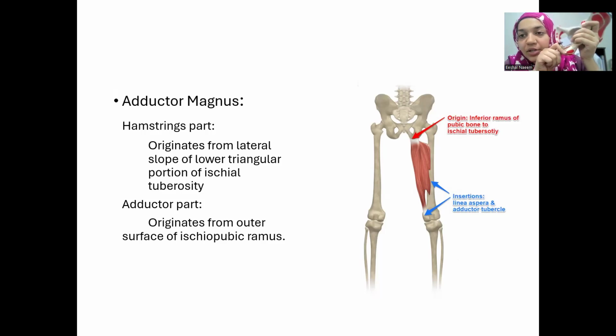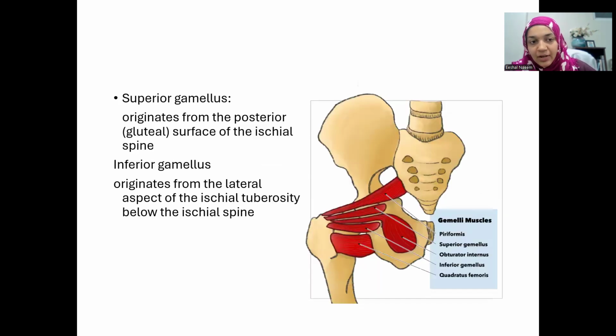And the hamstring part originates from the lateral slope of the triangular portion of the ischial tuberosity. So this is the ischial tuberosity, and this is where the hamstring part of the adductor magnus was coming off from. Both of them join to insert into the linea aspera and the adductor tubercle. We did the adductor tubercle on the femur. It was near the medial epicondyle of the femur, and that's where the adductor magnus inserts.